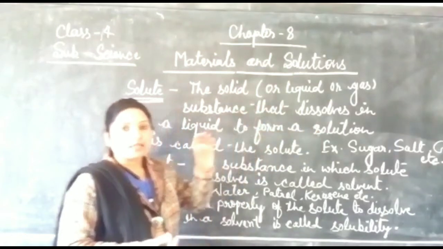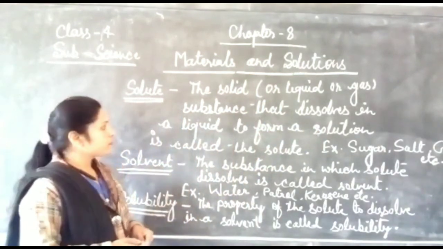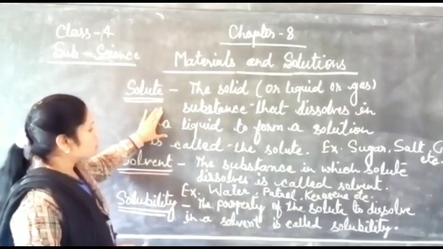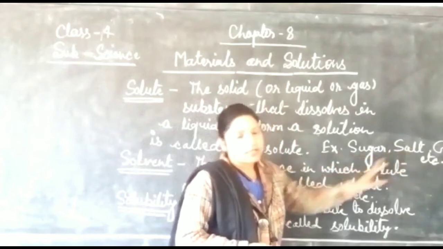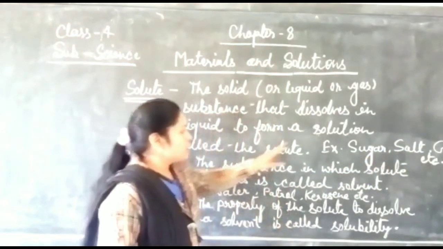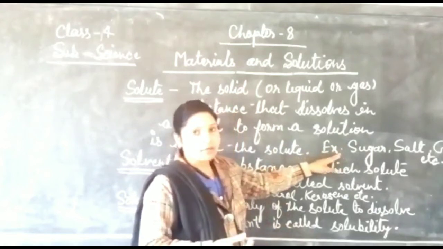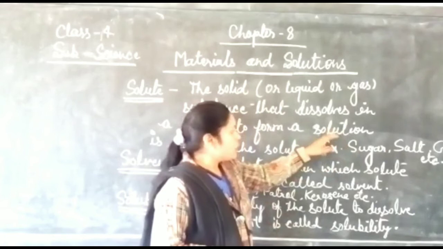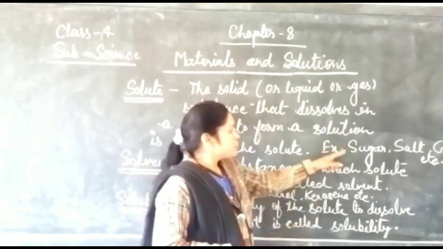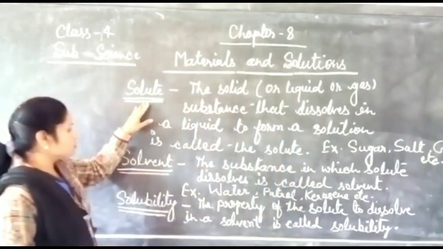So solutes are the substances that dissolve in a liquid. The examples of solute are sugar, salt, glucose, etc. You can see sugar, salt, glucose can be dissolved in water completely, and it forms a solution.